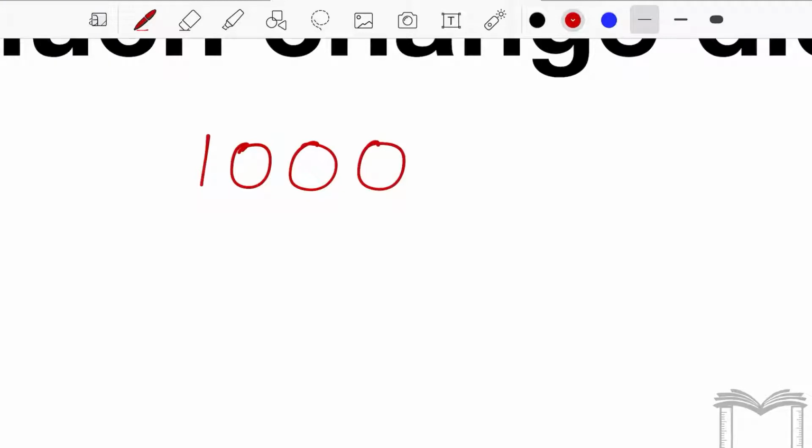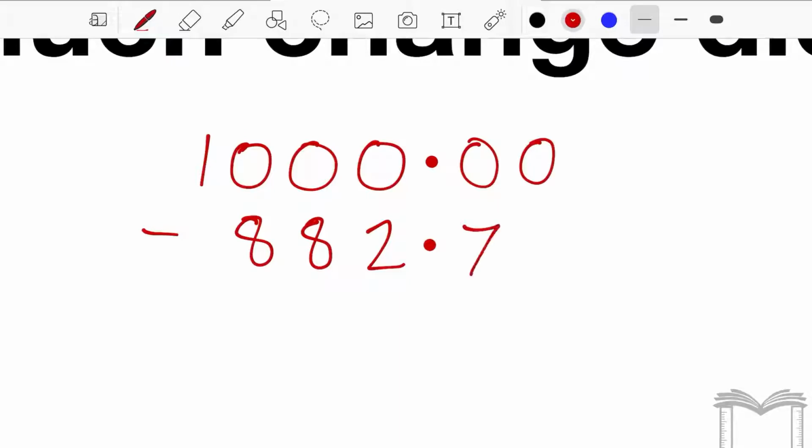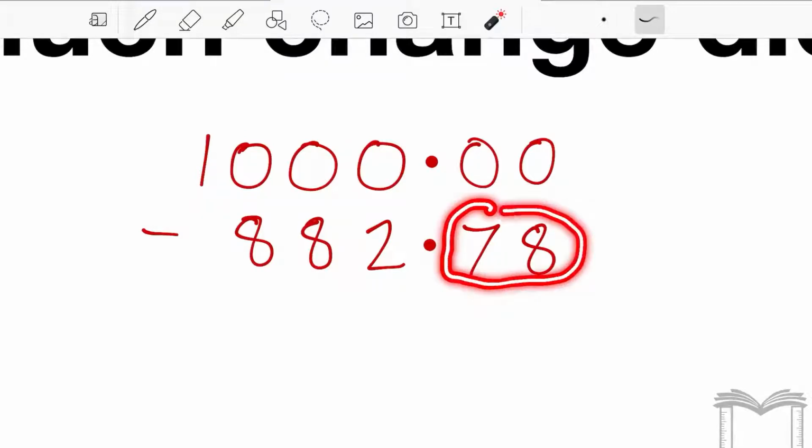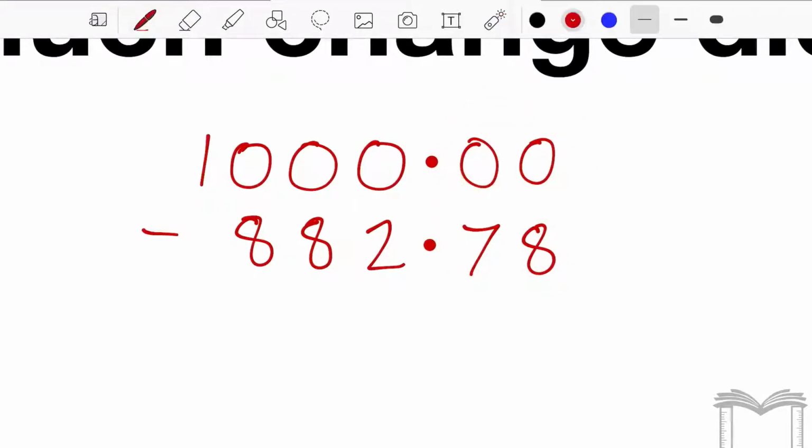So we must subtract in order to get a change. So notice, since we have cents here, we can put 0 cents for the $1,000. So that way we can subtract.